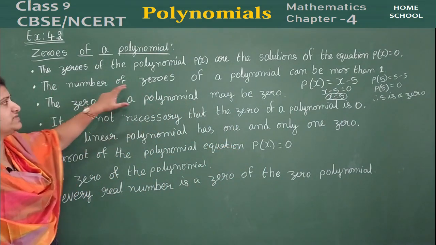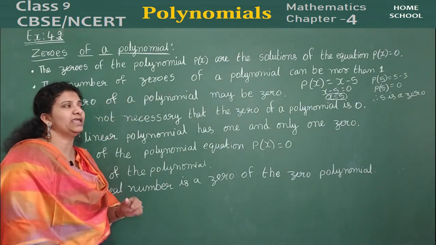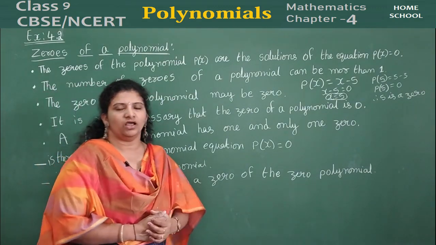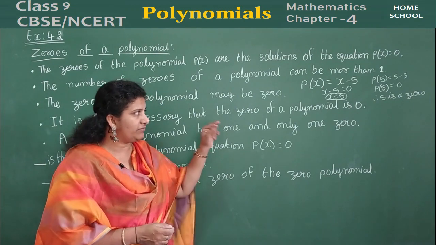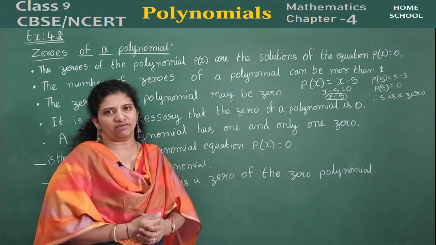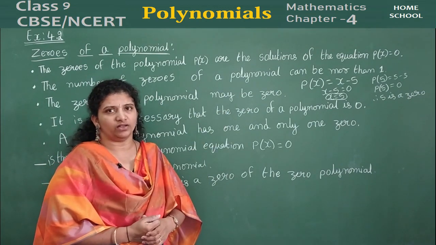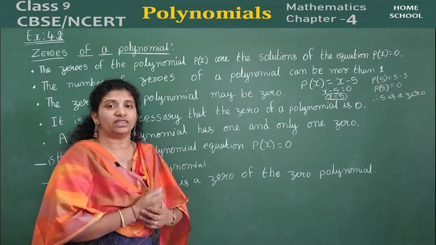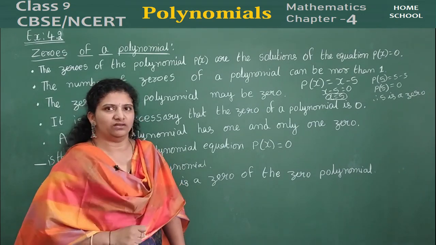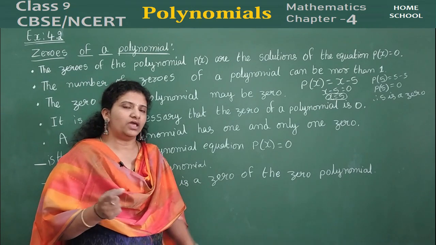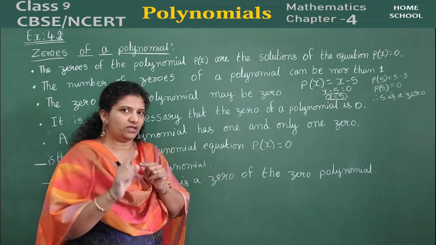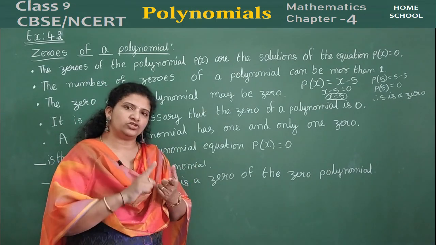Okay. So let's see the second point. The number of zeros of a polynomial can be more than 1. How can it be? I have taken x minus 5. Linear polynomial. So its highest degree is 1. Then its solution must be 1. Right? So if linear 1, you remember, then its solution will be 1.